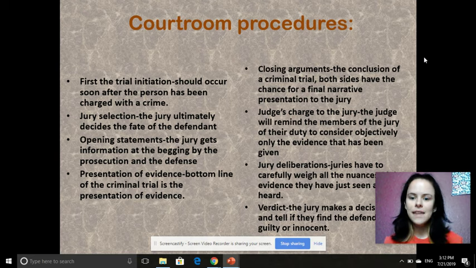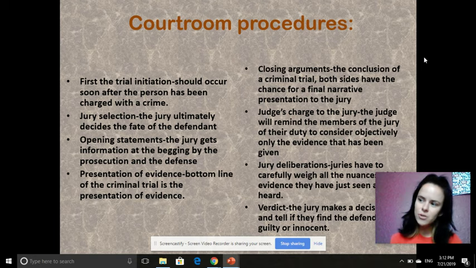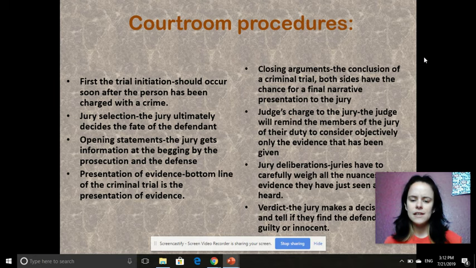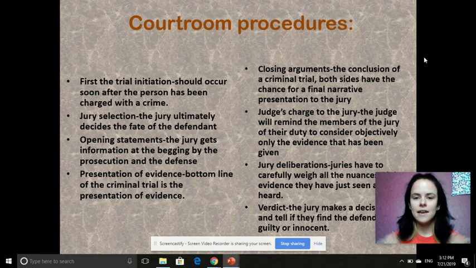And then the jury goes out and decides, is this person guilty or not? Sometimes it takes longer than usual, depending on evidence, if it was very clear or very weak. And then the jury comes back and gives a verdict saying, we find this person guilty of whatever or innocent.